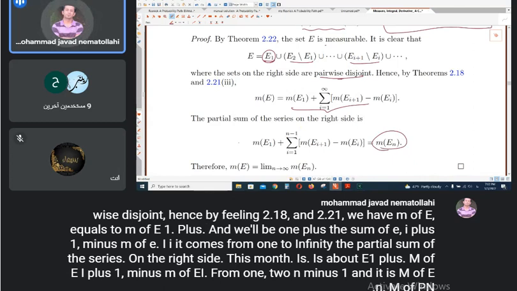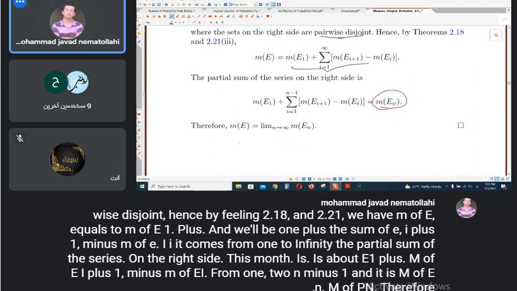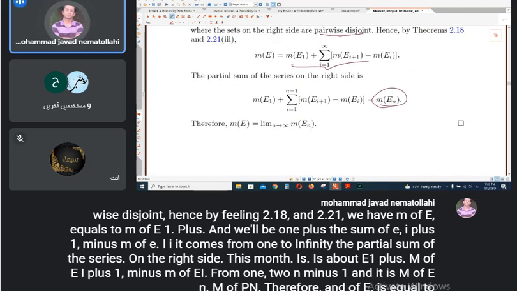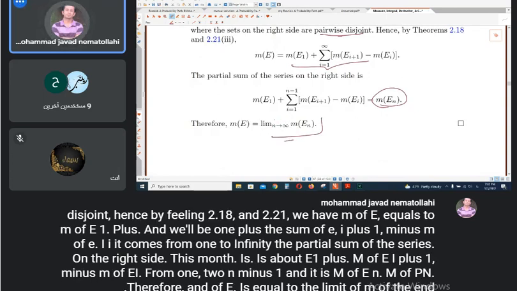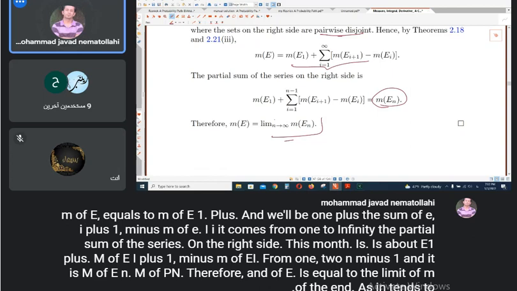Therefore, M of E is equal to the limit of M of E_n as n tends to infinity.